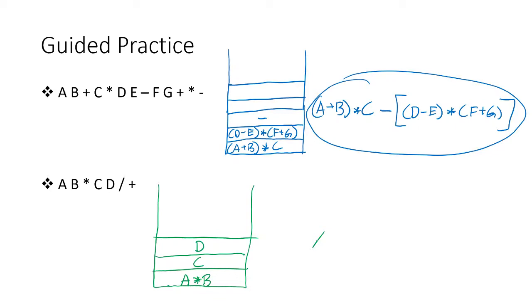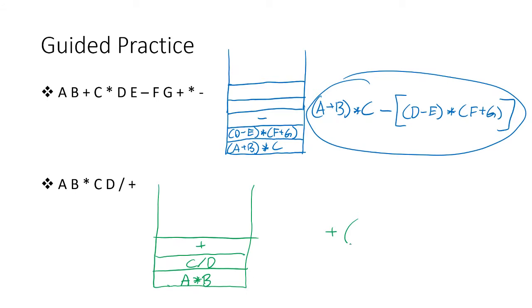C is the second one popped off, so it's my first operand. And then a plus. Okay. So then plus C divided by D, A times B.